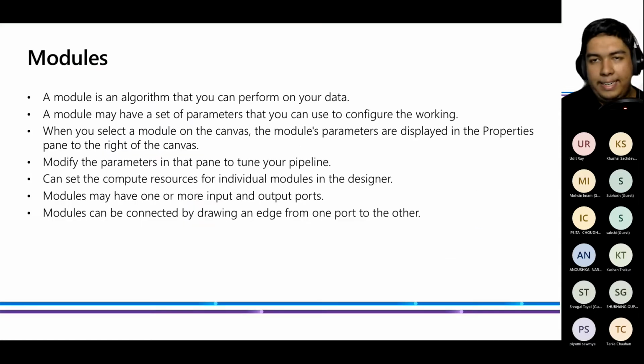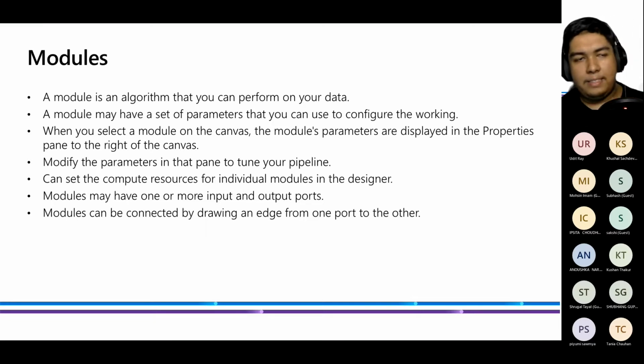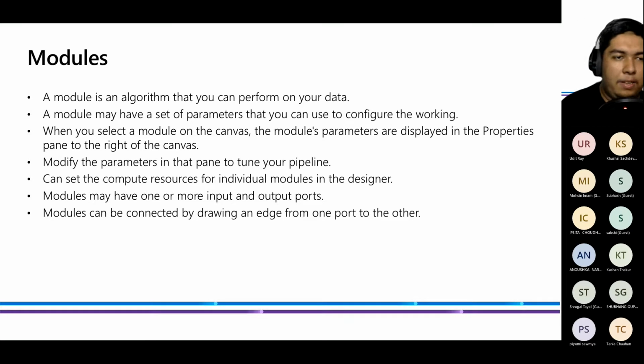Now, this was about data sets, and then we come into the different modules that are there. So one module may be just referred to as an algorithm, a single step of code that you will be performing on your data or any data that is coming from above it. So it may also have some arguments, and when we drag and drop one module onto the canvas, a pane will open.